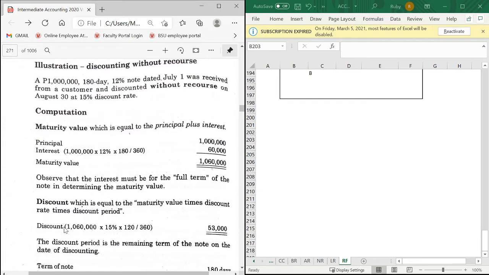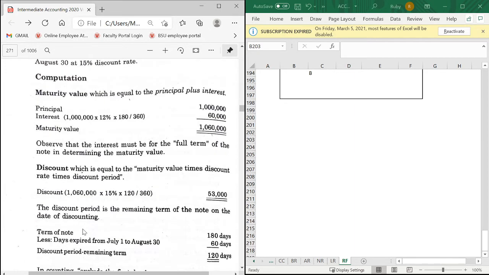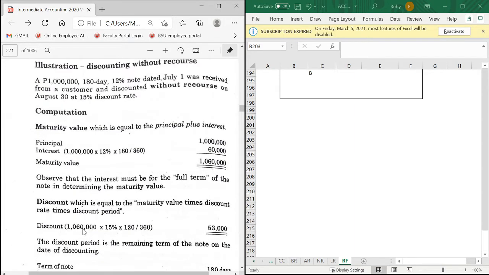Discount naman ay... July 1 was received. The remaining term of the note, 180. 6 months. Ay, tama. 4 months nga po. Kaya pala. Okay.